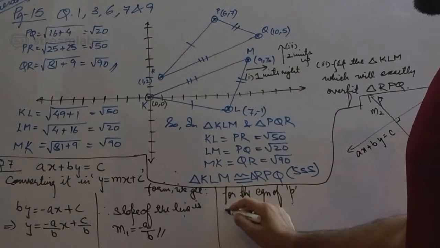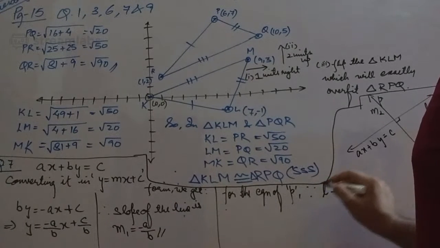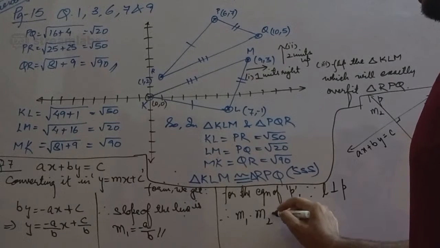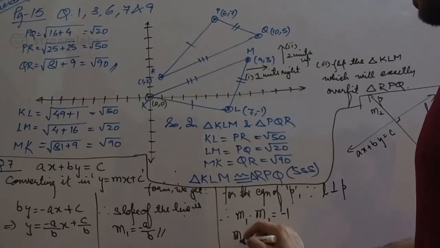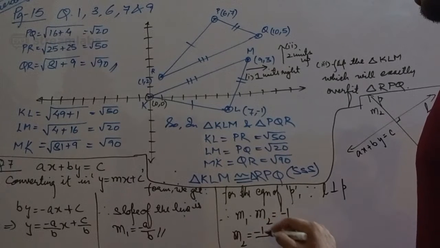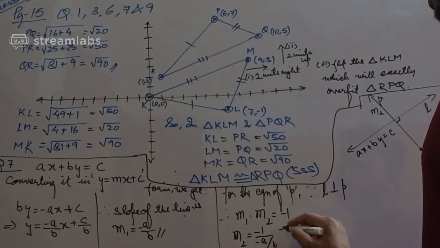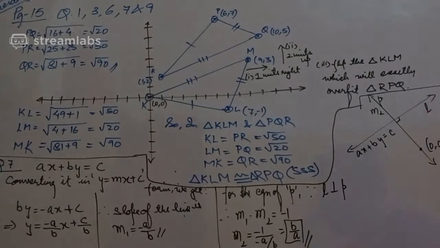Since L is perpendicular to P, therefore M1 times M2 equals -1, so the slope of the second line will be -1 divided by the slope of this line, -a divided by b, which will come to b divided by a. So the slope of the line we have got is b divided by a.